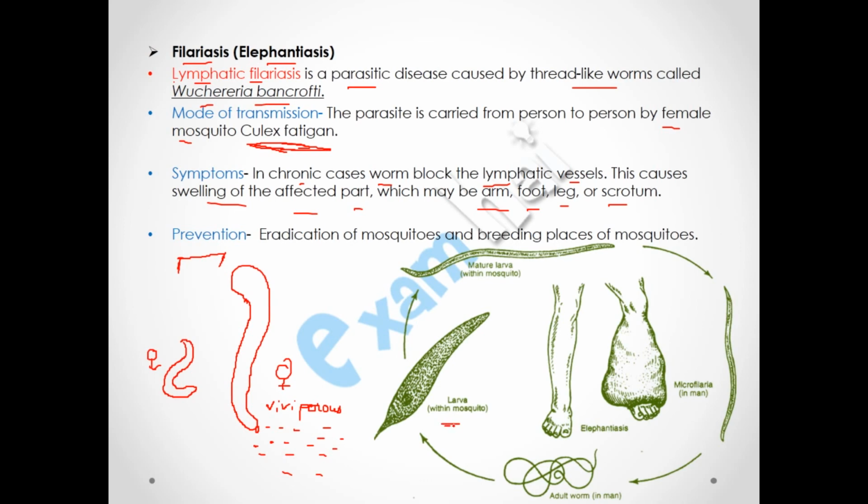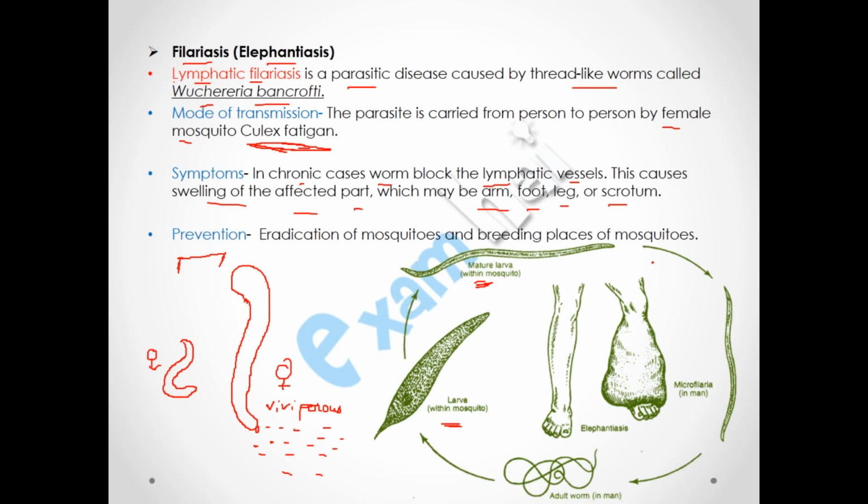these are the larvae within the mosquito which get mature, and after their maturation they travel from the digestive system to the salivary gland of the mosquito, and from the salivary gland these are transferred to the healthy person once the mosquito bites a healthy person.